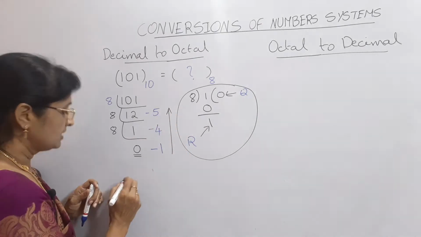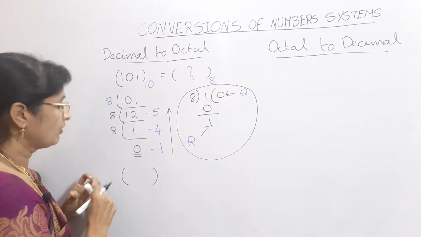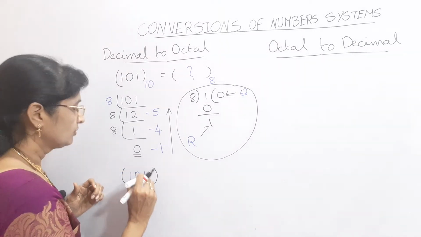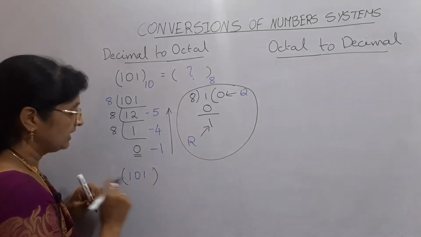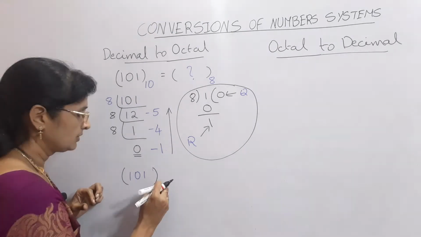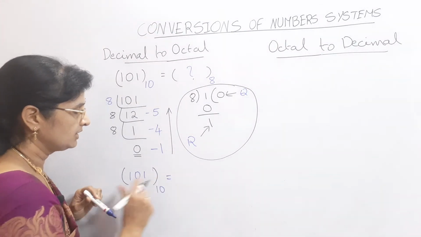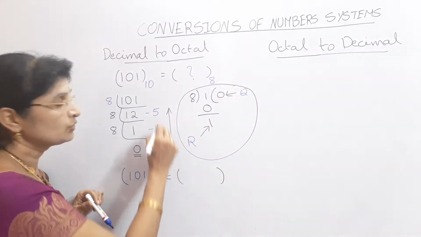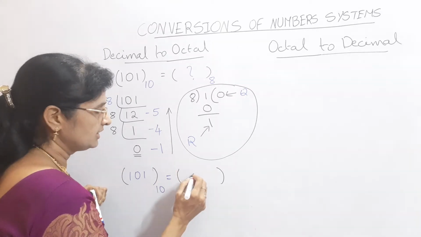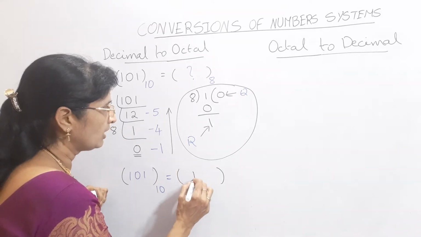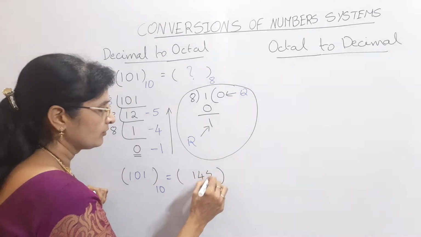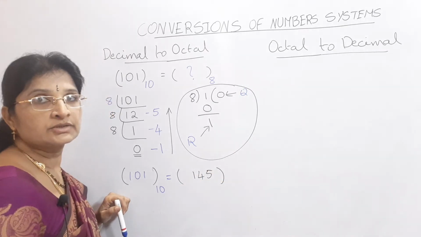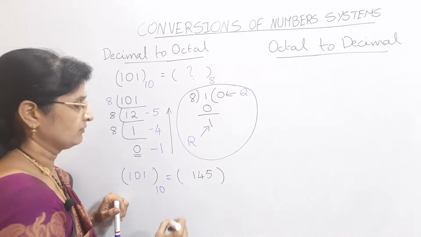So the equivalent number of 101 base 10 is, you write the number in reverse, that is from bottom to top, 1 4 5. It is 145.